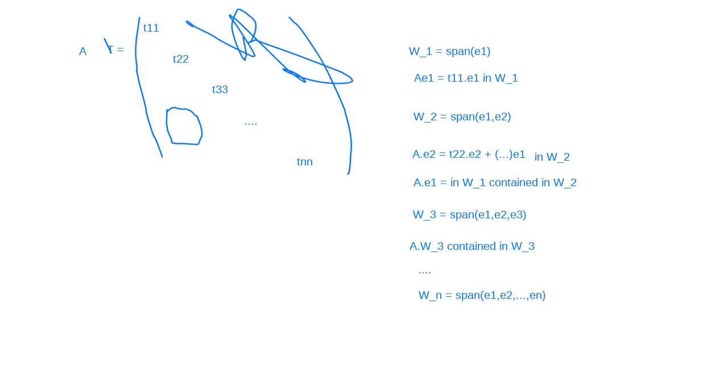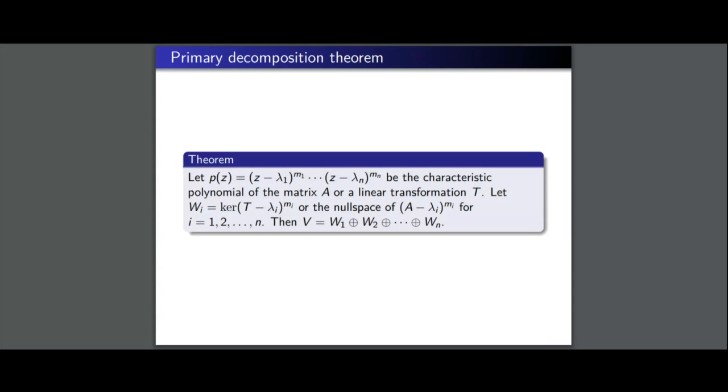Okay. So we have this theorem called the primary decomposition theorem. And it says that if you have the characteristic polynomial of either a matrix or a linear transformation, and you take the kernel of T minus lambda I to the power that occurs in the characteristic polynomial, or if it's a matrix, then you're looking at the null space of A minus lambda I to the mi, same thing.